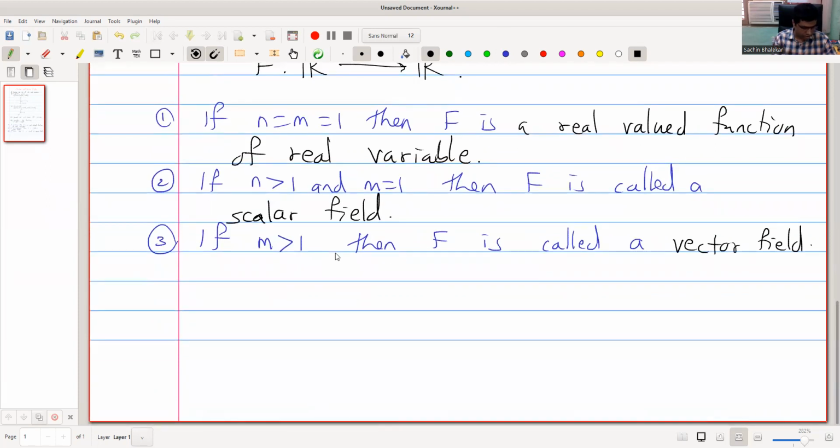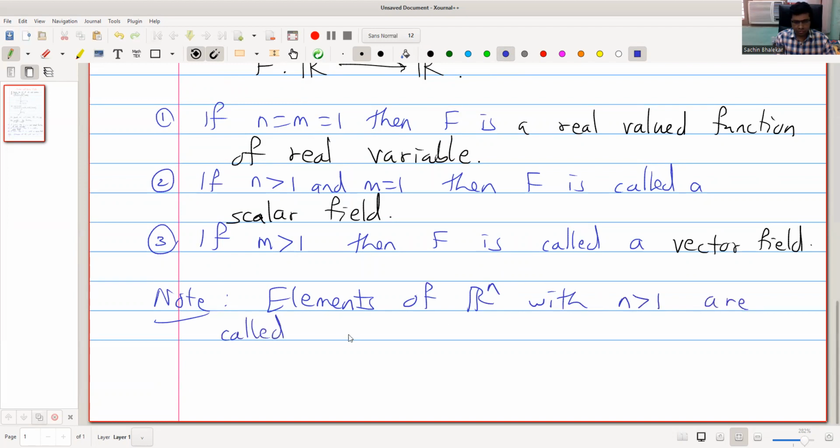Next thing is some properties of vectors. So elements of Rn with n greater than 1 are called vectors.